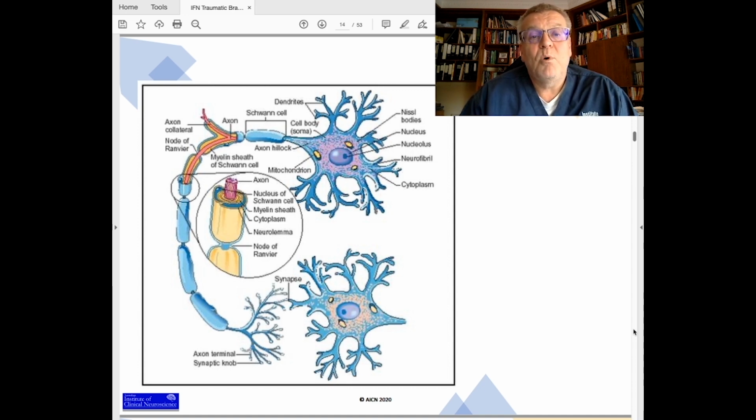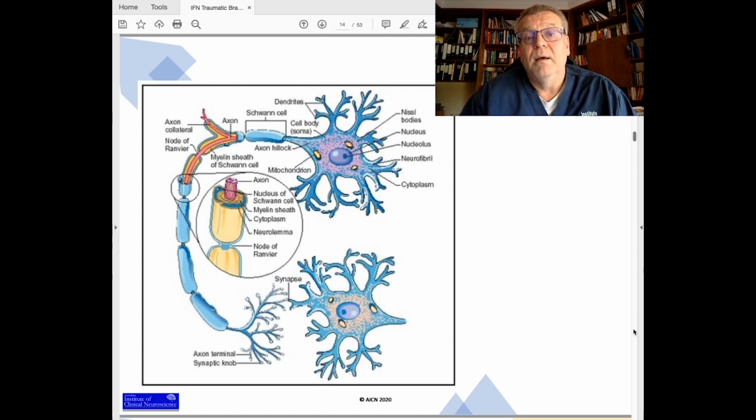And this is important because the axons can be damaged as well as the synapses. And usually in a concussion, the structures become stressed to the point where they can't function well. And if enough of them get stressed, then you lose consciousness.